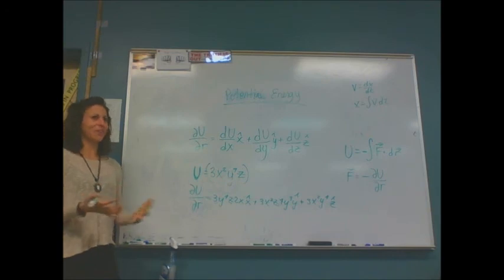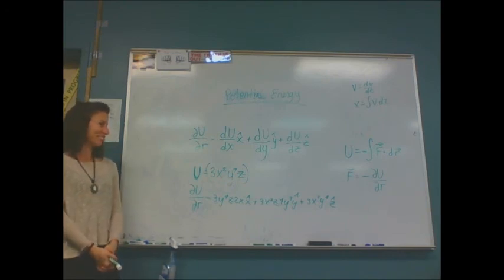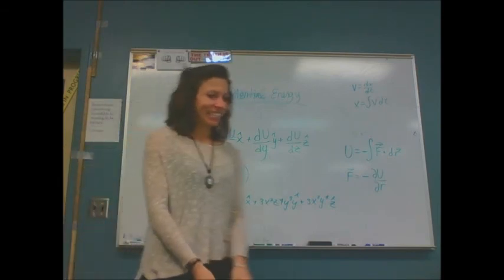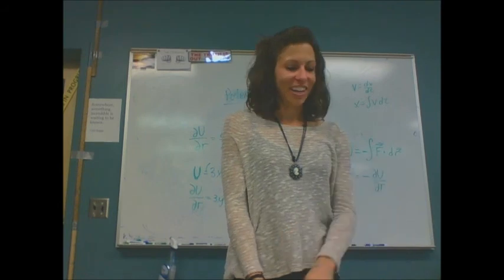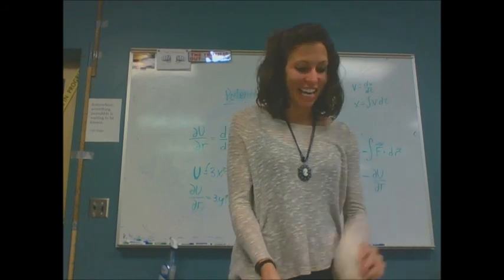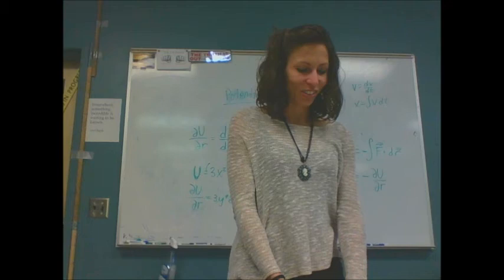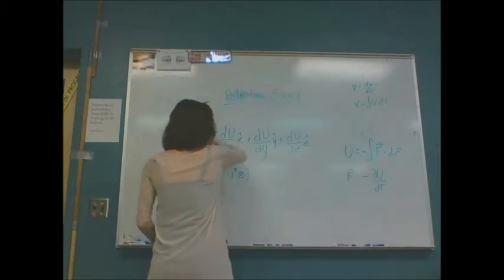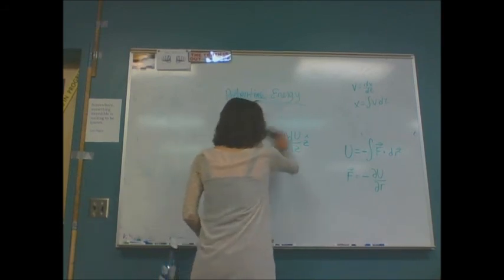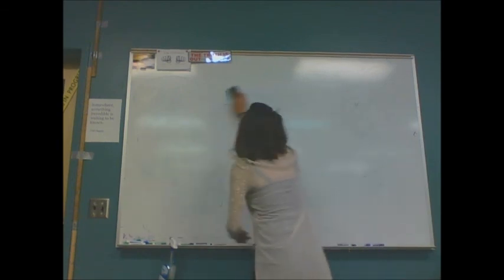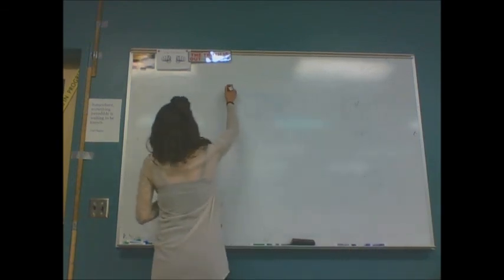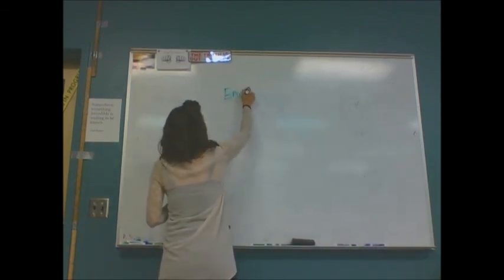So the last part we're going to talk about today is the idea that energy is conserved, which we've already talked about. Basically, energy is conserved. What that means is the energy initial, before something happens in a system, is equal to the energy after something happens.